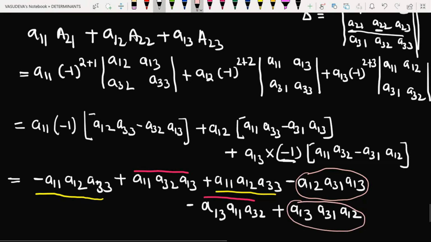So ultimately we are getting 0. From this we come to the conclusion that the sum of the products of the elements of any row or column with the corresponding cofactors of any other row or column is 0. These two results are important for getting certain conclusions later.